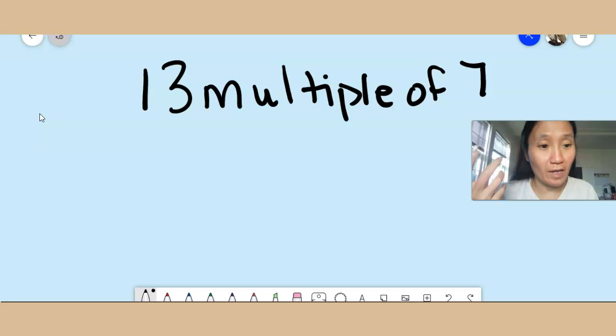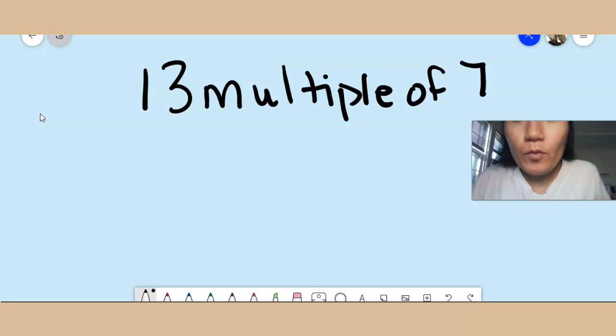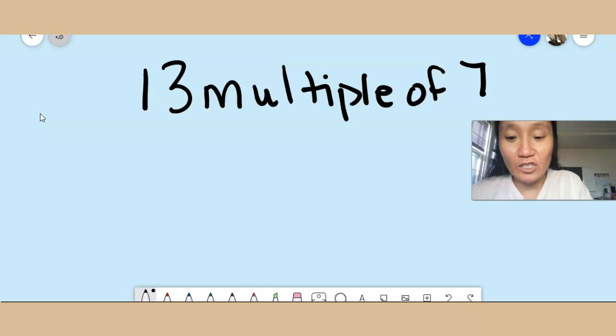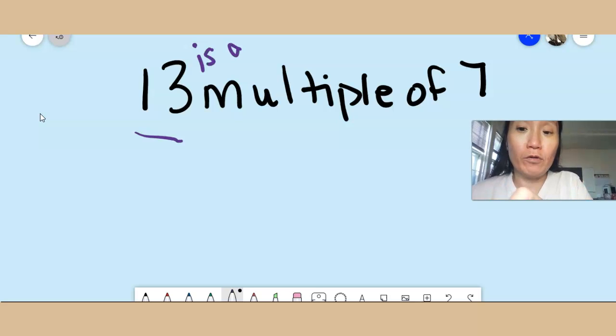If you are given a number and asked if it's a multiple of another number, you need to decide, is that number that you were originally given something that you could multiply? So we have a number sentence that says 13 is a multiple of 7.